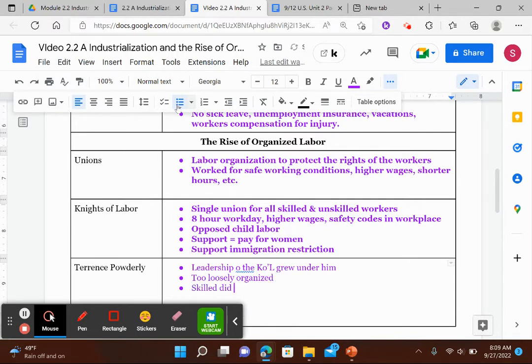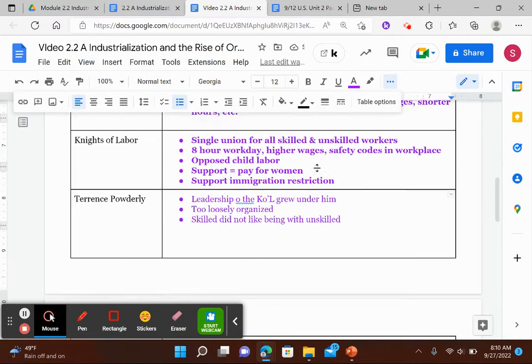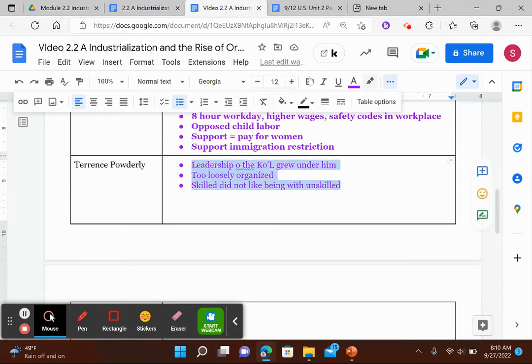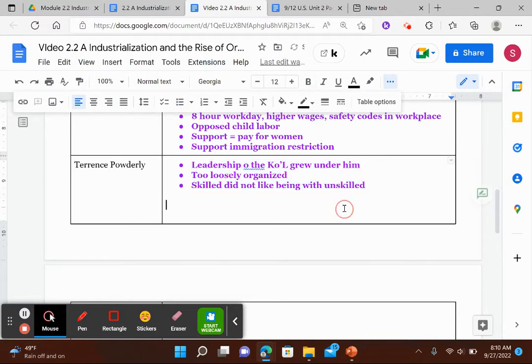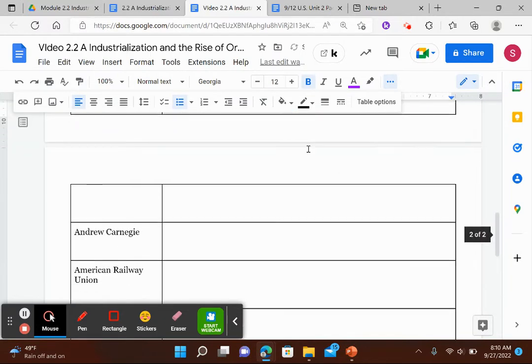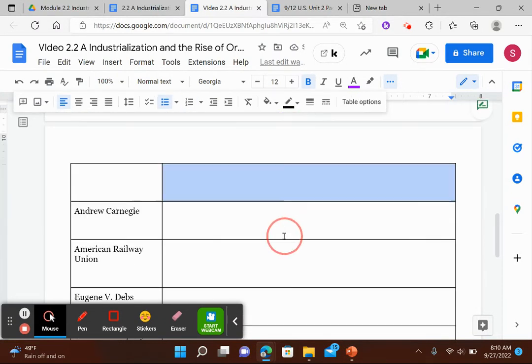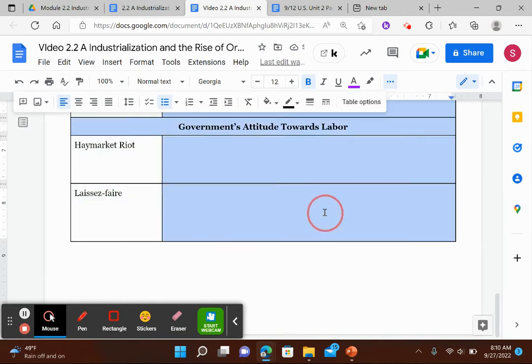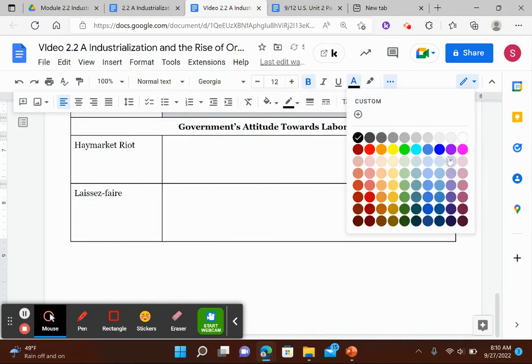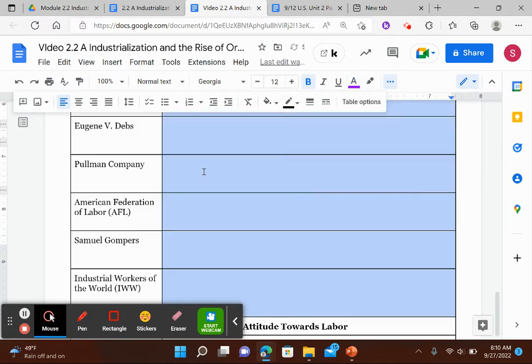Skilled did not like being with unskilled. All right, I'm going to go ahead and make that bold. And here we go. Let me do this real quick. This might make my life a bit easier if I do this. I do bold, purple, and there we go.